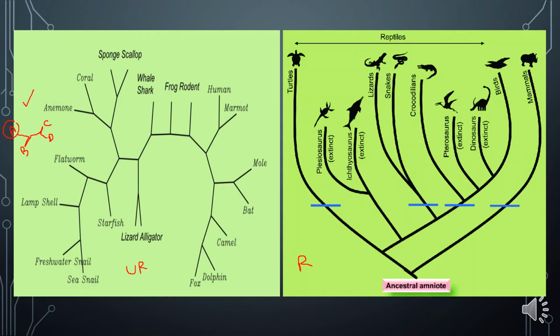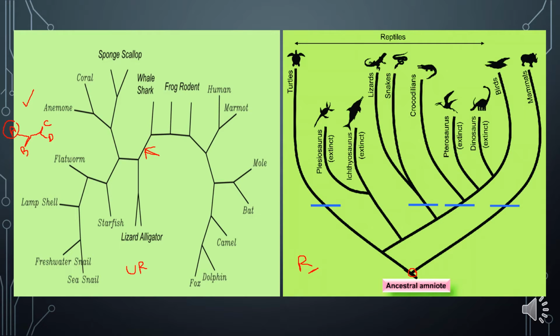But in this rooted type of phylogenetic tree, we see that there is a common ancestor, and we don't have to hypothesize. And in fact, we see that this is a branch or tree-like system, but this one is radial. This one is a form of unbranched.